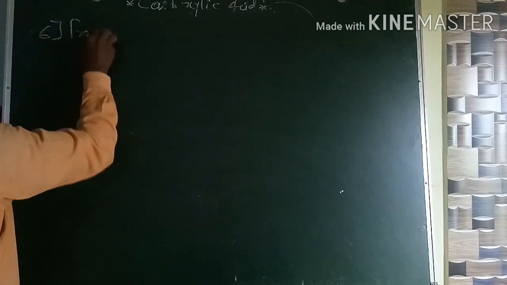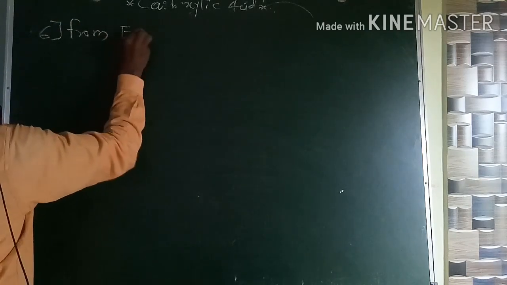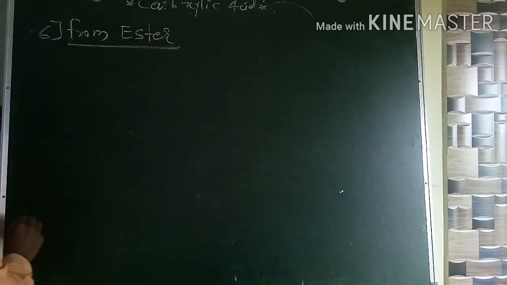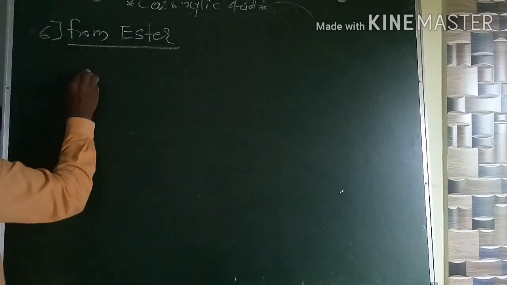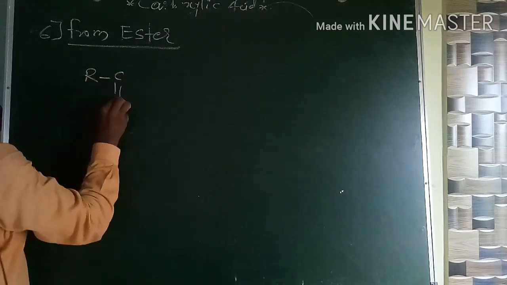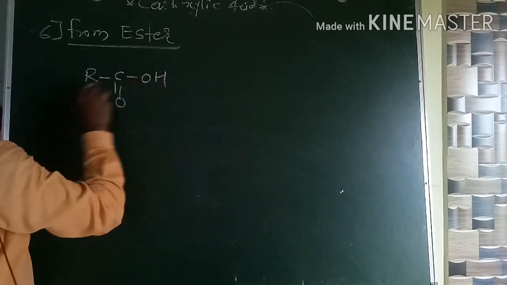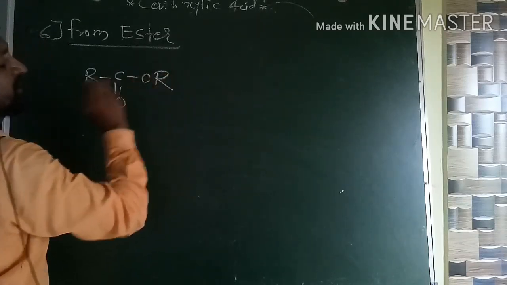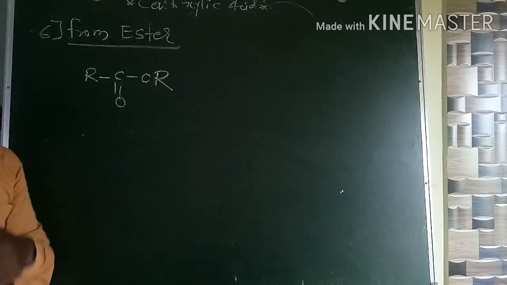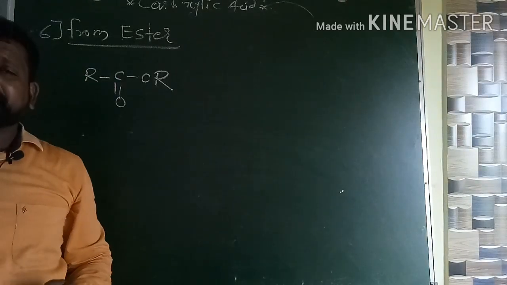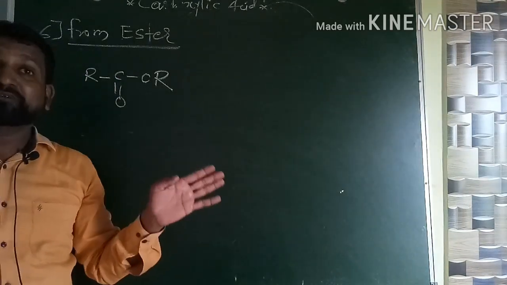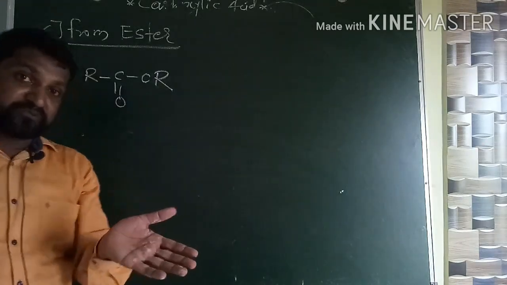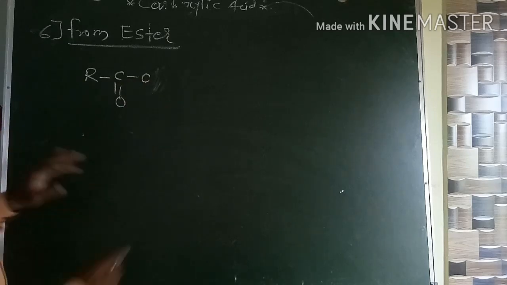From ester. Okay. In ester what happened? See here. RC double bond OH. Carboxylic acid. Remove this hydrogen with the another alkyl group. It becomes ester. See here. In the same title we are studying, we are learning a new type of functional groups. Okay. What did I say?